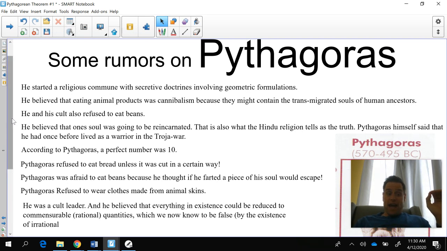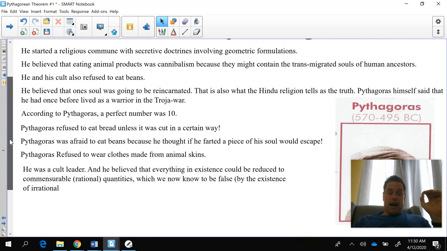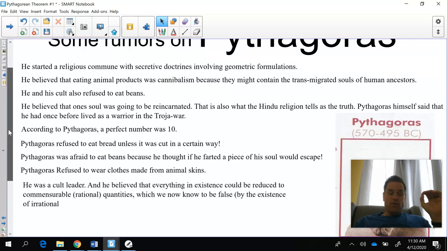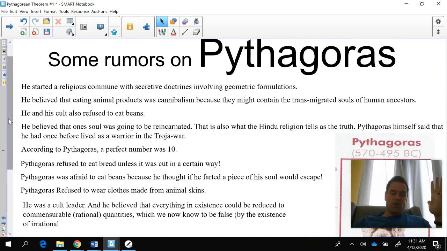And he wouldn't eat bread if it was cut in a certain way. And also, he technically believed that you couldn't wear animal skins for clothing. Along with that, he was just a very interesting guy. Very smart, though. Of course, he came up with A squared plus B squared equals C squared.